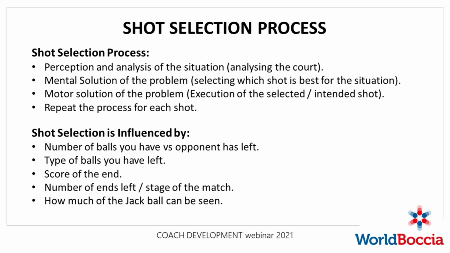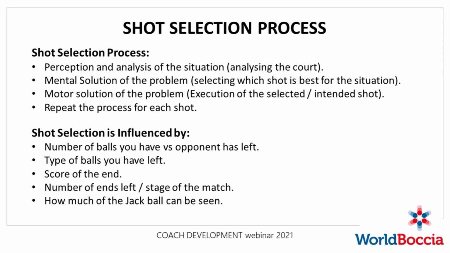Obviously, the number of ends left or the stage of a match also matters. So if you're in the first end of a match, you're thinking around trying to maximize scoring or minimize scoring. It's going to obviously be slightly different than if you're in the latter stages of a match. If you're in the second end and the athlete's down by 2 or 3 points, your thinking is obviously a little bit different than if you're in the fourth end of a match and you're down 3 points.